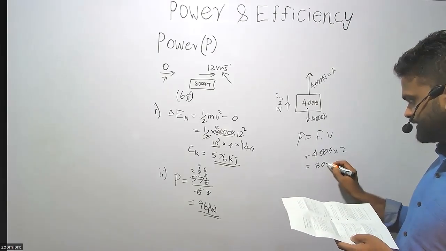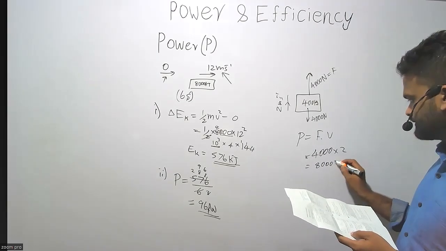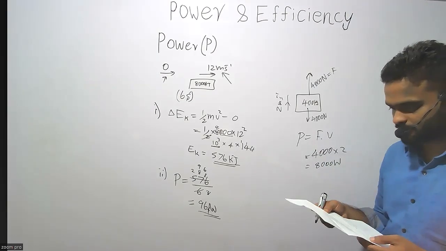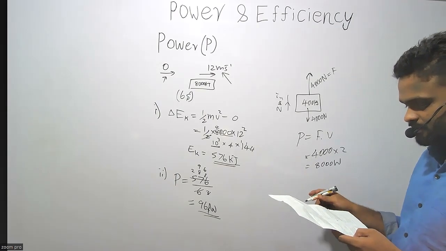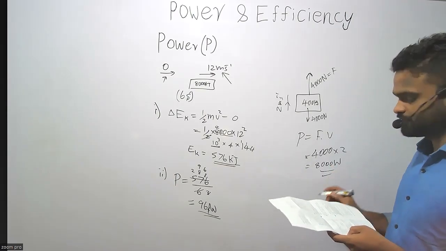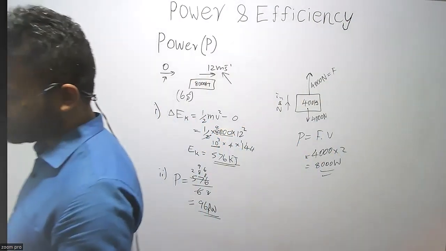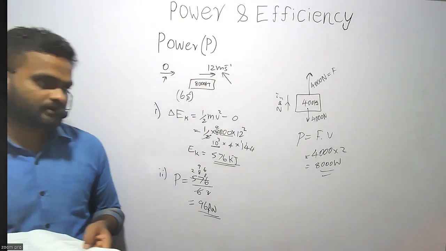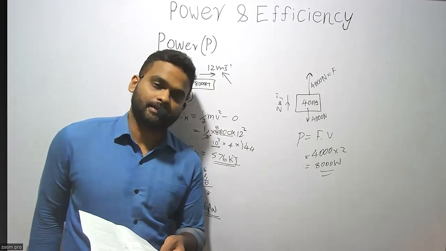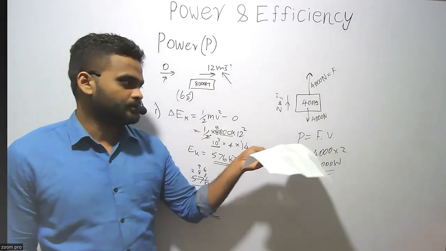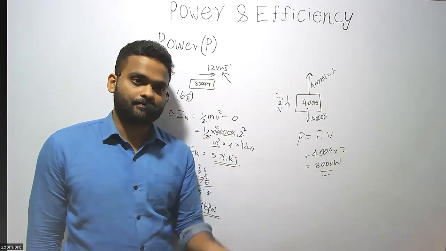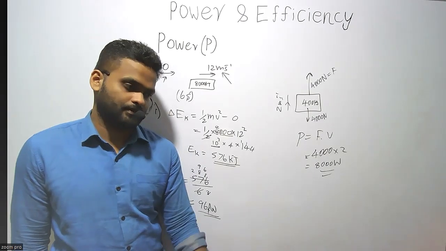So you can find 8,000 watts. Okay. So the answer for the fourth question is 8,000 watts. So whenever you have a force and a velocity, consider using this one, P equals FV.